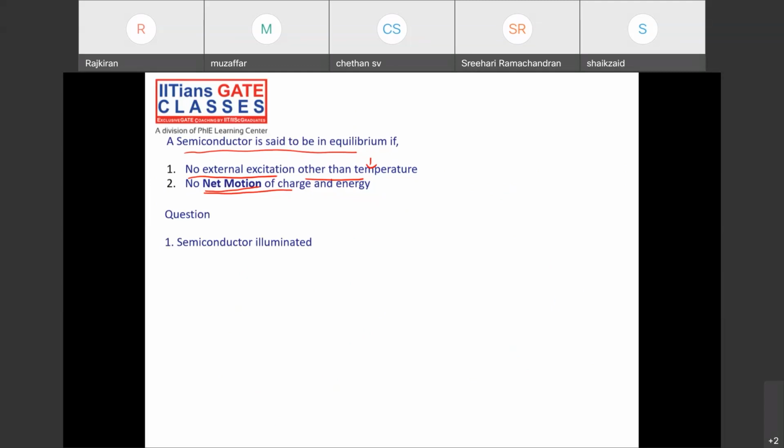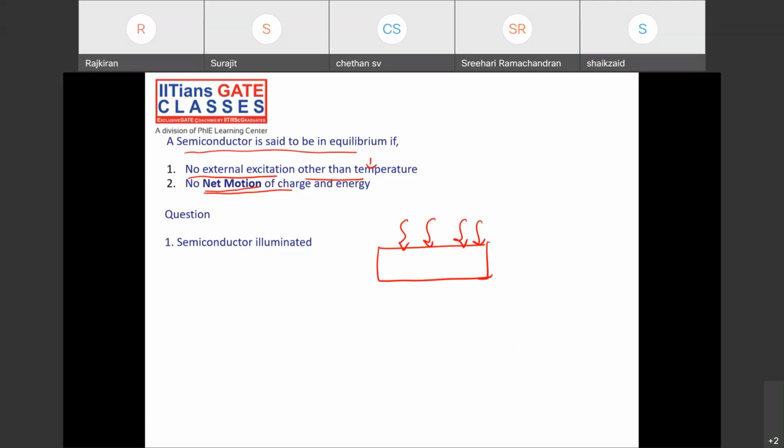Suppose I have a semiconductor and I am illuminating it with light. My question is, is this semiconductor in equilibrium or non-equilibrium? Non-equilibrium, sir, because a quasi-Fermi level will exist in this case.